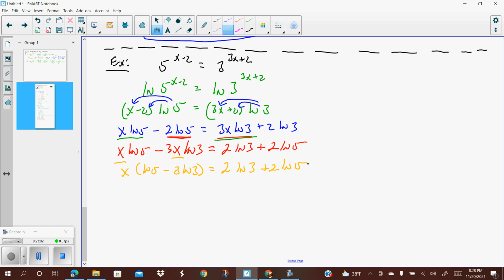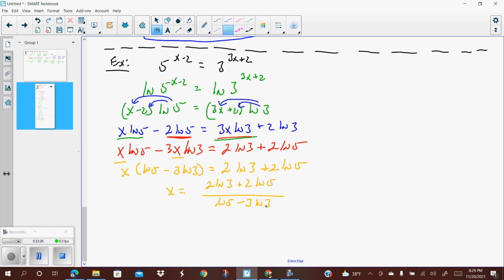The last step to solve for x is to simply divide by everything that's in the parentheses. So x will now get 2 natural log of 3 plus 2 natural log of 5 divided by natural log of 5 minus 3 natural log of 3.